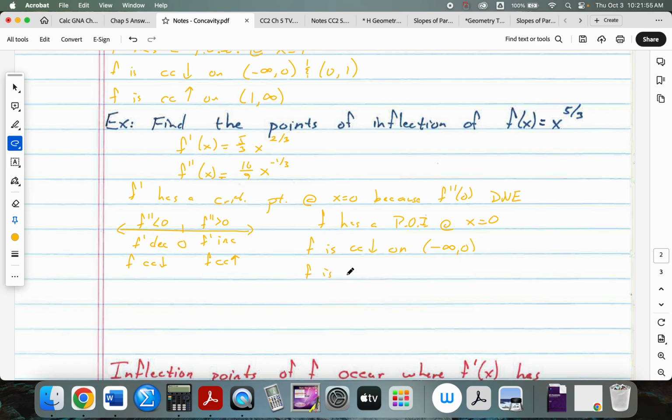And f is concave up on the open interval from 0 to infinity. And in fact, if you were to look at this graph, I always call it the kindergarten seagull, it would look something like that.